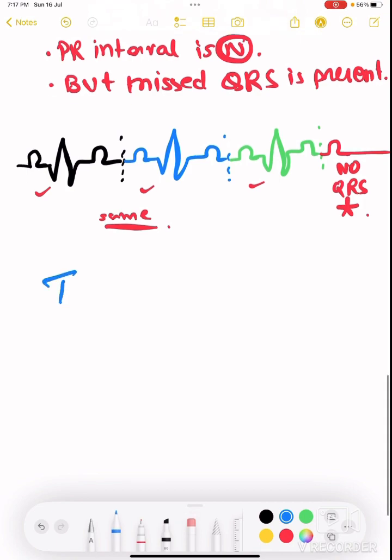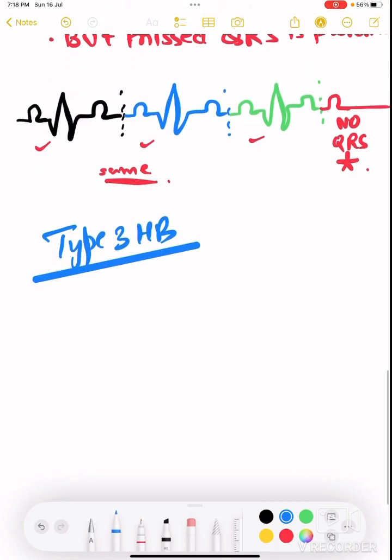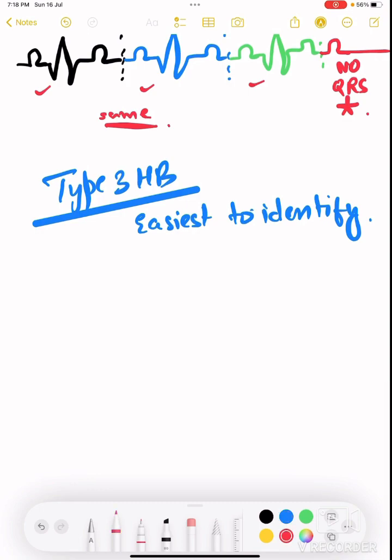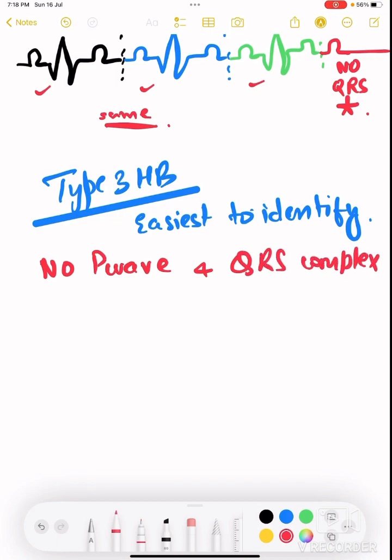type 3 heart block. Type 3 heart block is easiest to identify. Right, why? Because there is no P wave and QRS complex rhythm, right?